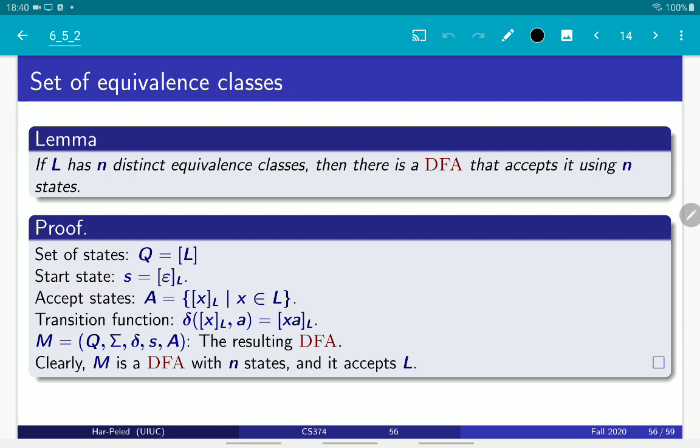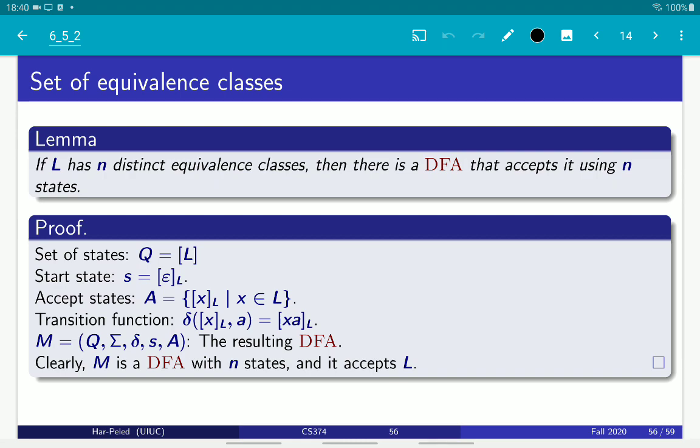This is the resulting DFA. It's easy to show that this is a DFA that accepts L, and it's minimal because we proved that any DFA accepting L must have a number of states that is at least the number of equivalence classes, and this DFA has exactly this number of states.